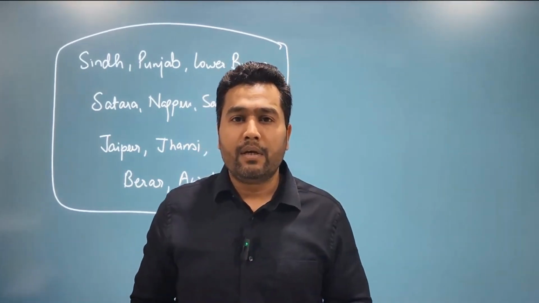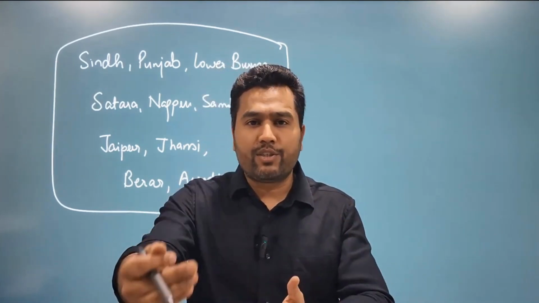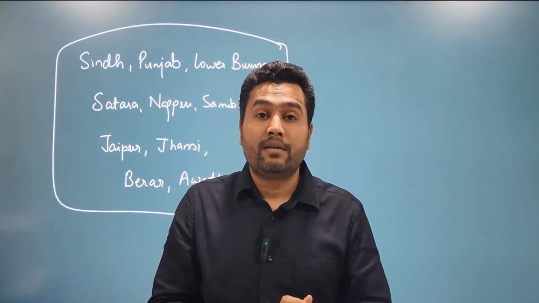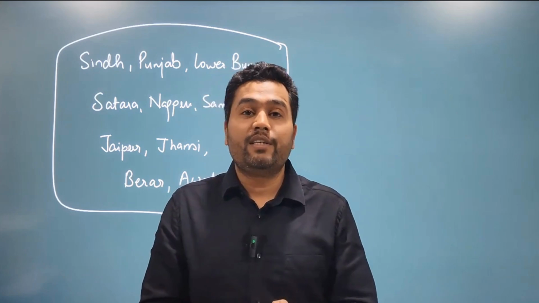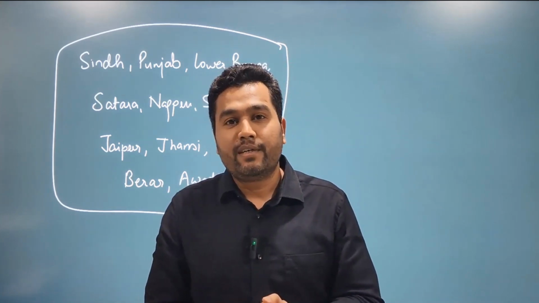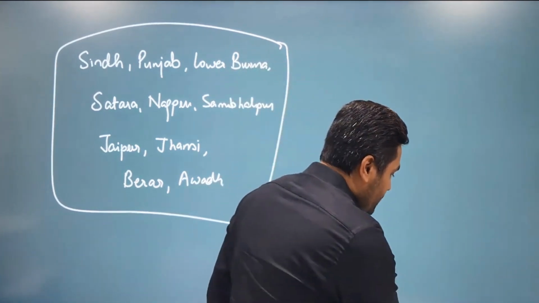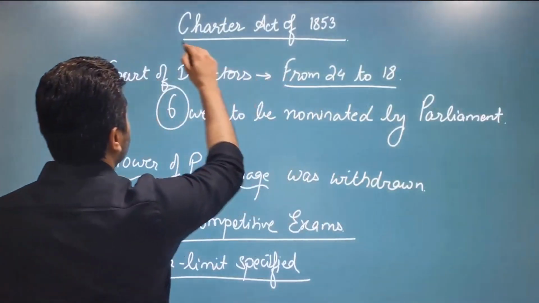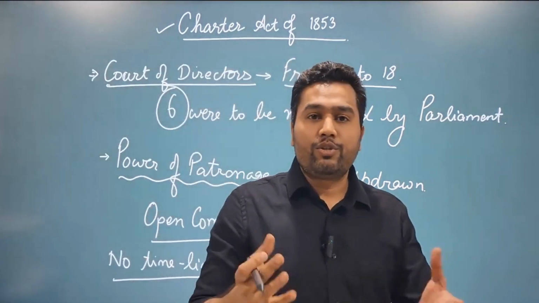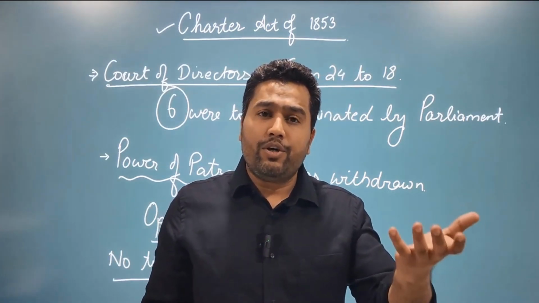So over here, the court of directors were given a free hand. They could alter the boundaries of existing presidencies, or they could create new presidencies. Accordingly, a new presidency of Punjab, a new province of Punjab would come into effect. So we see Charter Act of 1853 was indeed a balancing act, where the court of directors' power was reduced, so the company was allowed to exist, but its power was reduced considerably.